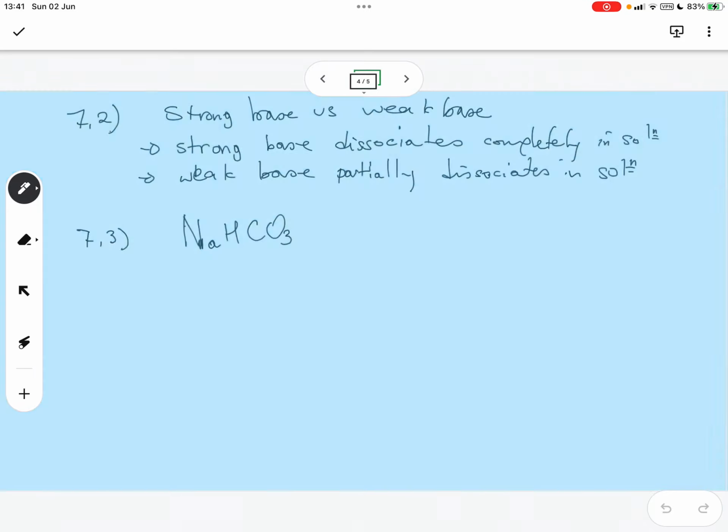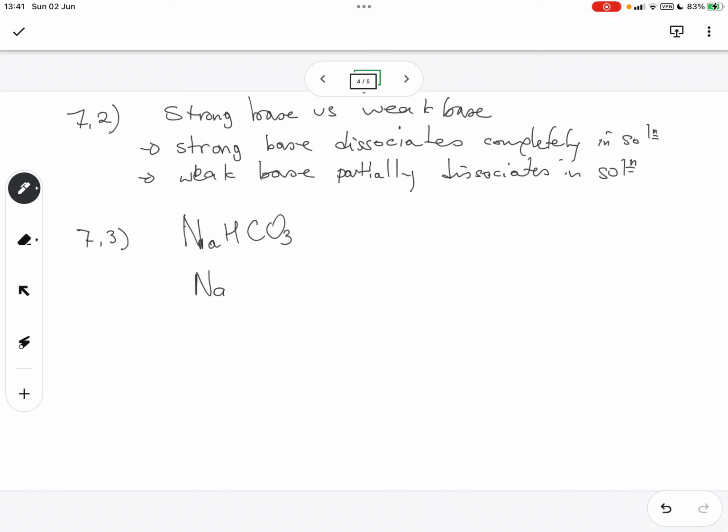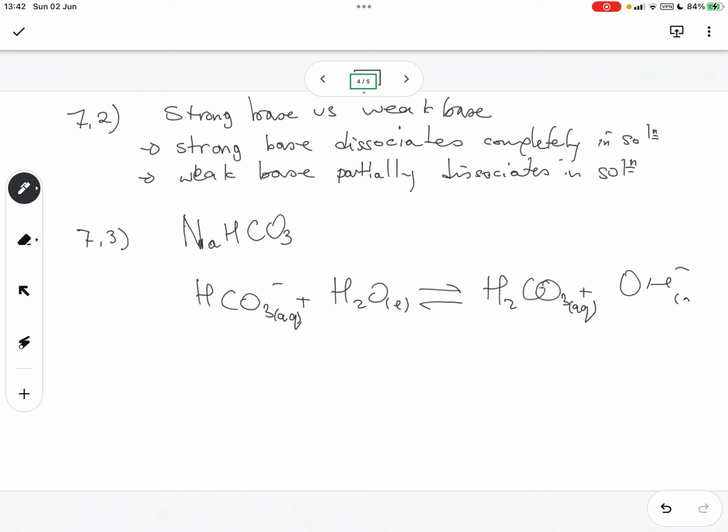And then yes, so that's what we have. So to answer that question, NaHCO3 will give us a bicarbonate ion, which is in aqueous form, and we have to mix it with water, which is liquid form, and this reaction gives us H2CO3, which is aqueous, plus OH minus, which is also aqueous. So that answers that question.